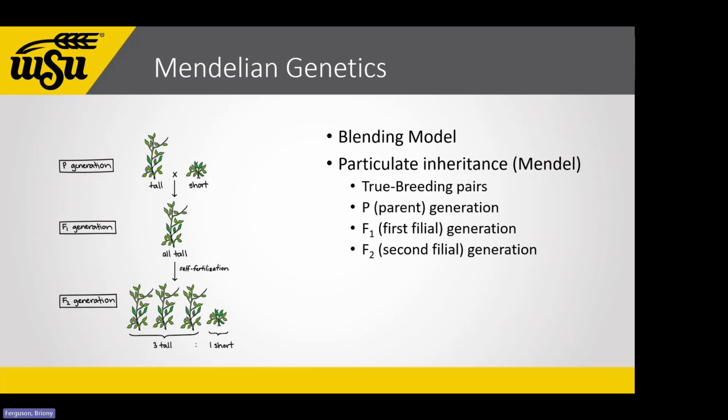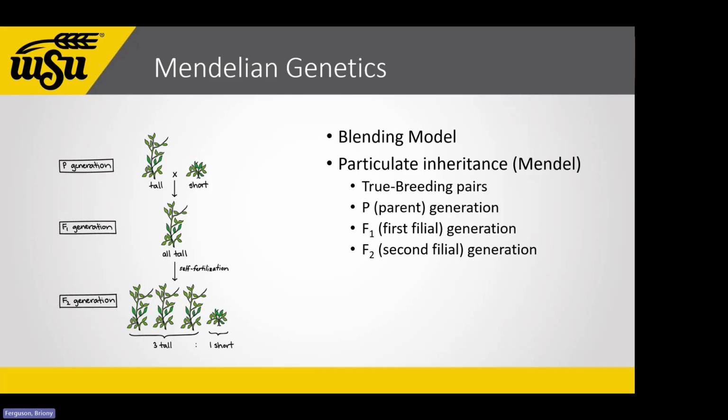Their offspring is going to be all tall. If we fill out the Punnett square for that, you will see. We'll go over that in the next slide. But they're all actually going to be heterozygous. And that F1 just means first filial. It just means that it's the first offspring generation. Then we move on to the F2 or second filial generation.